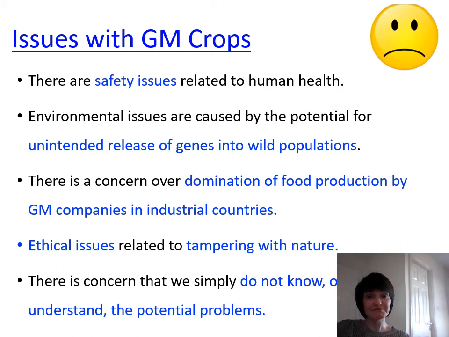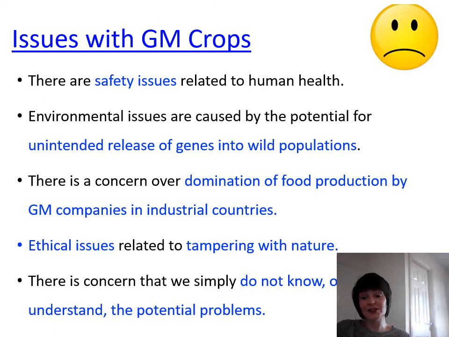Issues, however: a lot of that comes down to safety and human health, and environmental issues, people thinking that these genetically modified genes could get into the wild population. There is concern over the domination of food production by genetically modified companies in industrial countries. We've got ethical issues. People think, is tampering with nature right?